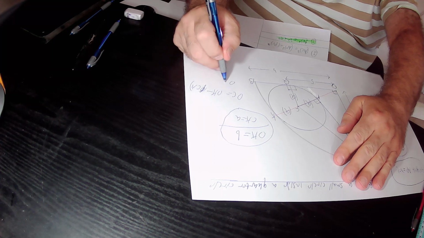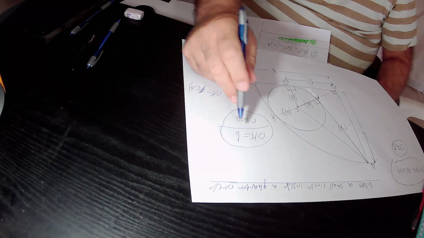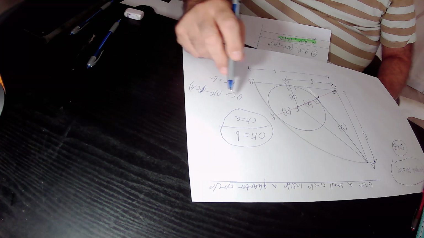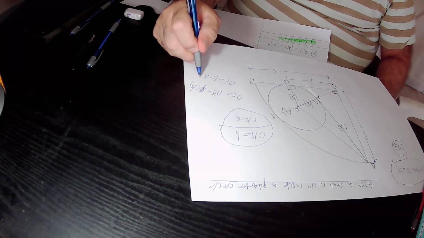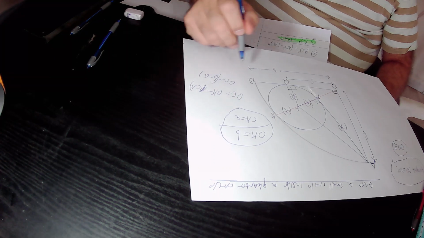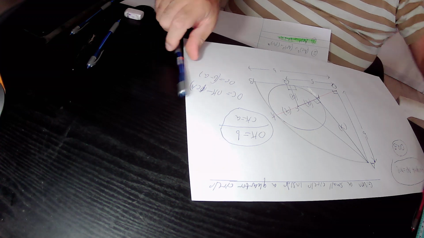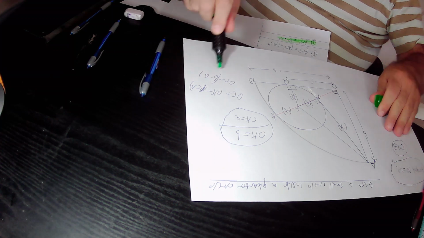So OC in total equals OK. OK is B minus CK. CK is A. So in total, OC equals B minus A units in its length.